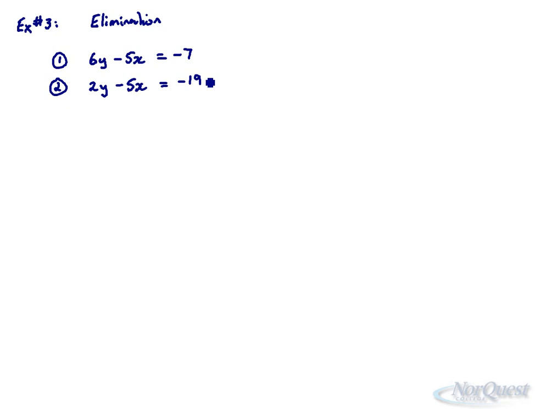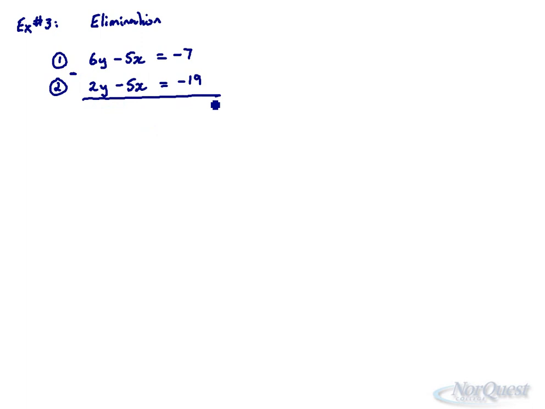But since the coefficient of x is the same in both equations, I should be able to either add or subtract to make it 0. If they have the same sign, then you're going to subtract the equations. If they have opposite signs, you would add the equations. Your goal is to do an operation to eliminate a variable.